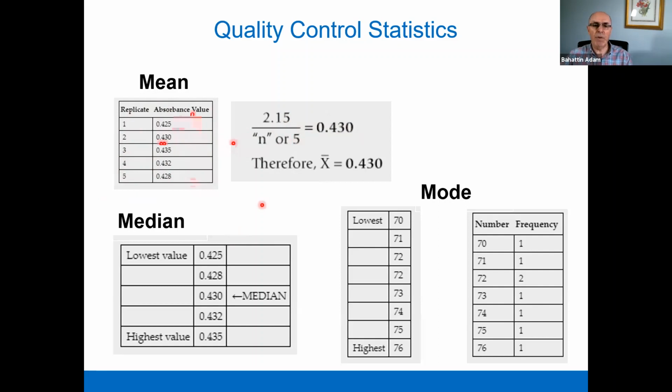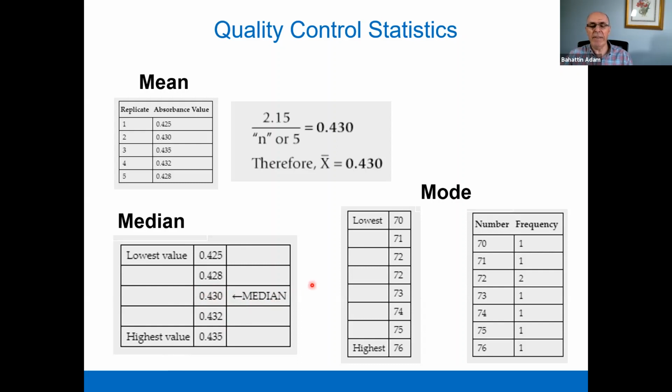If you sort the data from lowest to highest, the median will be the number in the middle of the list.